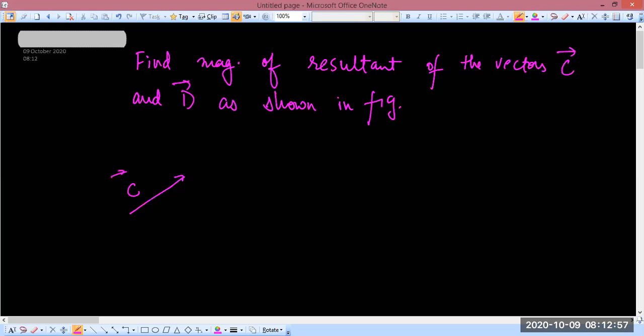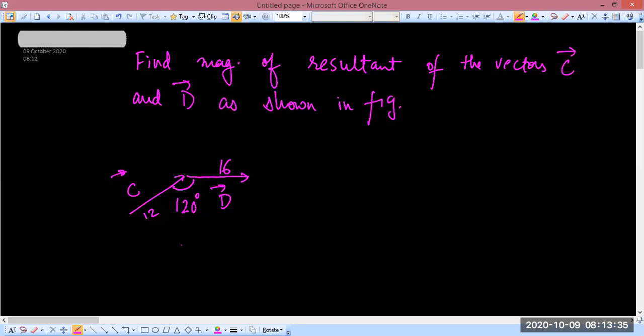Let's say this is C vector which is having magnitude 12, and suppose here is D vector, let's say, which has a magnitude of maybe 16. All right, let's say this is D vector with magnitude 60, and this angle is given to be, let's say, 120 degrees.